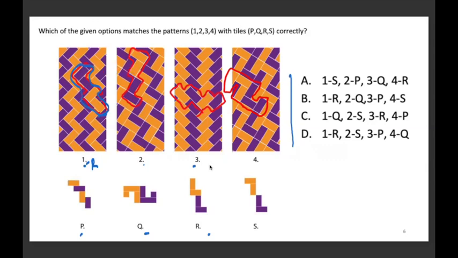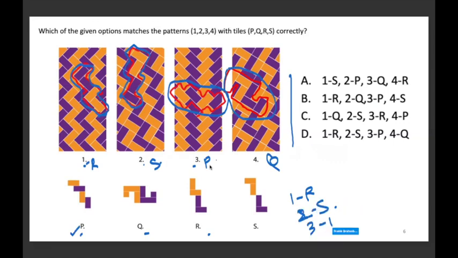Okay, the second figure is associated with the tile S. The third part, which is this one, is associated with the tile P. And the fourth part, which is this one, is associated with the tile Q. So it has to be 1 R, 2 S, 3 P and 4 Q, which is option D. So D is the correct answer. Okay, we'll move to the next one.